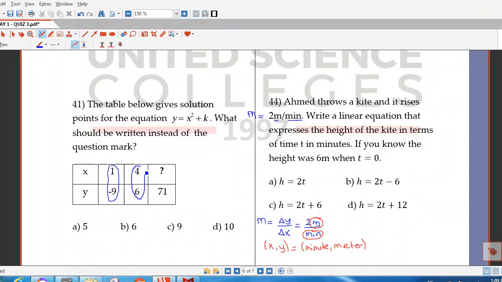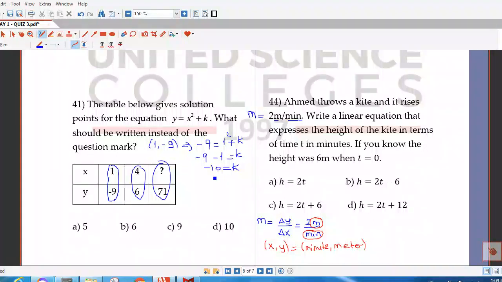Each of them is an ordered pair satisfying our equation. So you may use the first or second point. Let me use the first one. What is the first point? 1 and negative 9. It means write negative 9 in your equation, x squared plus k. This equation helps us to find the value of k. K is going to be negative 10.